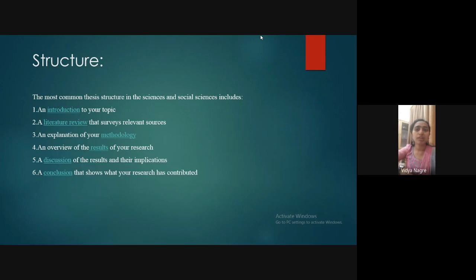Then come the sections of analysis, where you talk about the results of your investigation.